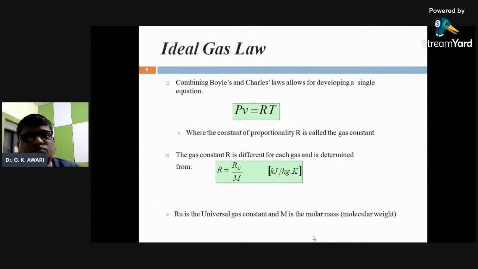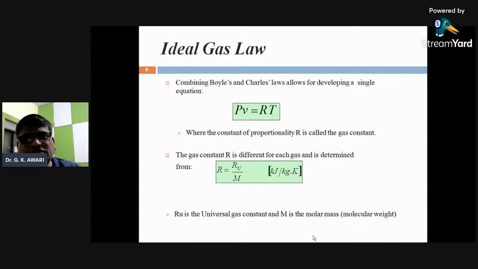By combining both laws, we develop a single equation, PV is equal to RT, where the constant of proportionality is R, the gas constant.